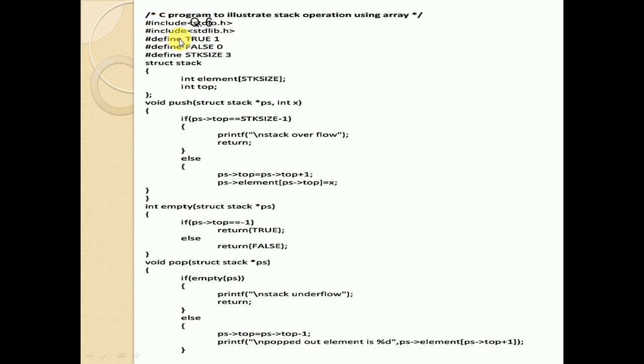Then globally we have declared TRUE as 1 and FALSE as 0, and also defined the stack size, so 3 elements you can insert. Then by using a structure we define the stack, with an int array of elements of stack size 3, and then int top.